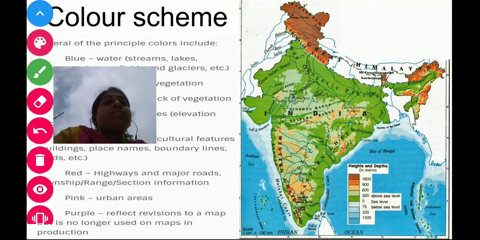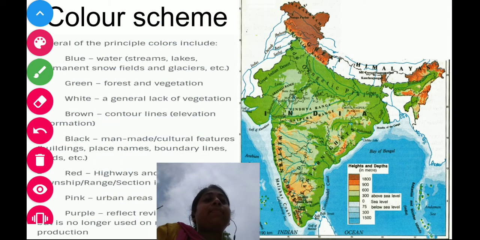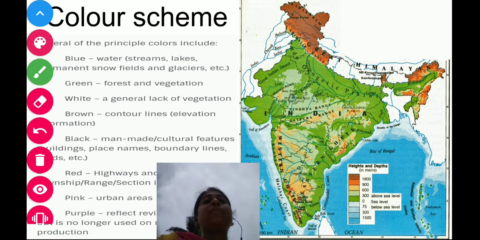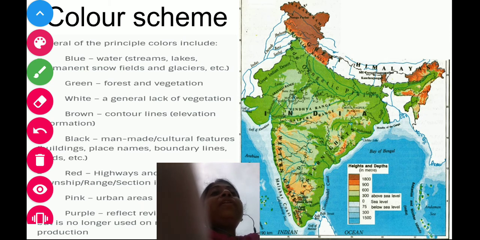Come to the next: color scheme. This is very important. It is a conventional sign. Some maps are shaded with different colors. We can show a variety of information with the help of colors.